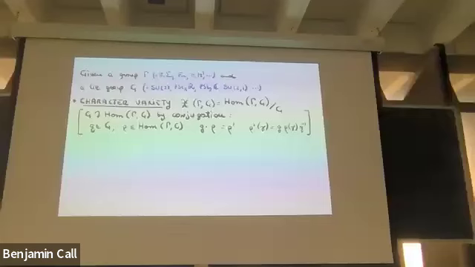And you need to have a target group G, that for the talk today will be mostly PSL2C or SL2C, but you can also think of a compact group, SU2. And so the character variety, for us today, you should just think of the conjugation classes of representations: homomorphisms from gamma to G up to conjugation.